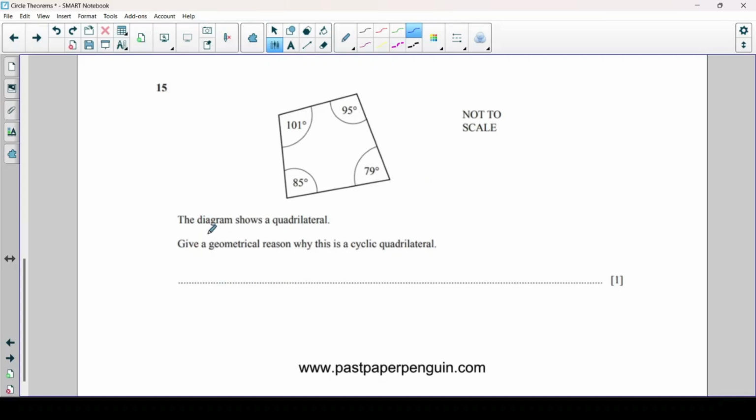In this question, it asks for a geometrical reason why this is a cyclic quadrilateral. Well, the thing that we know about cyclic quadrilaterals is that opposite angles add up to 180. Okay? So the geometrical reason is the opposite angles in a cyclic quadrilateral sum to 180.